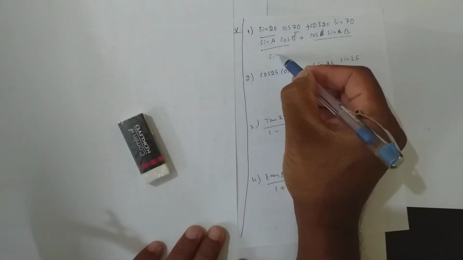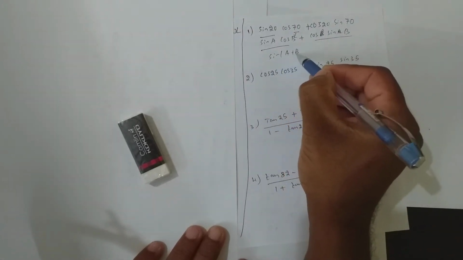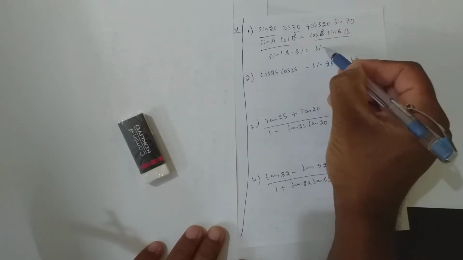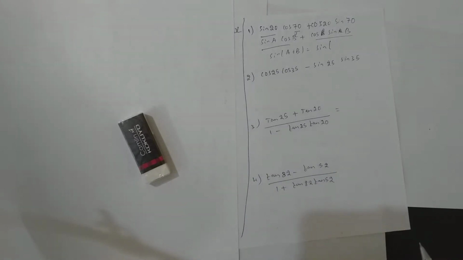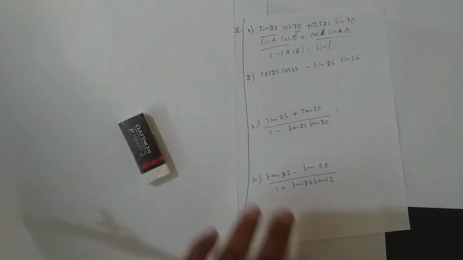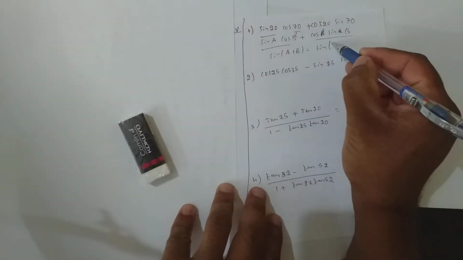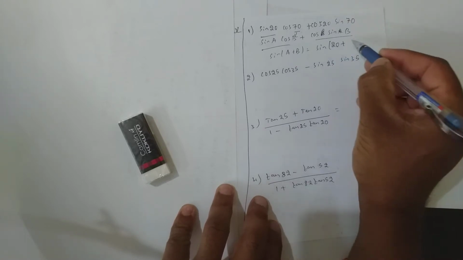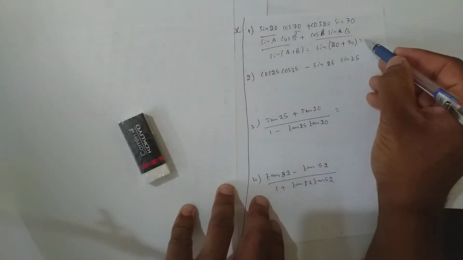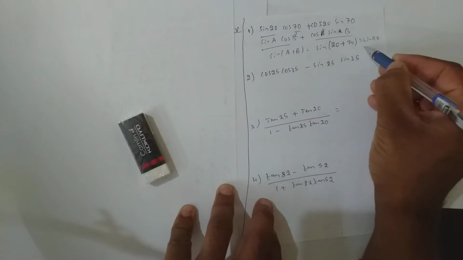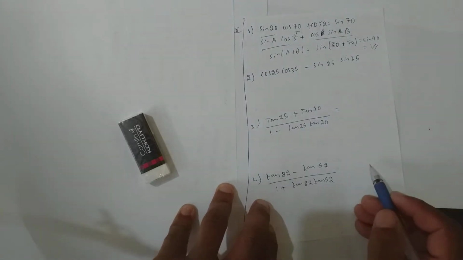This formula is for sin(A plus B). So in place of A I have got 20, in place of B it is 70. So it becomes sin 90. So the answer is 1.